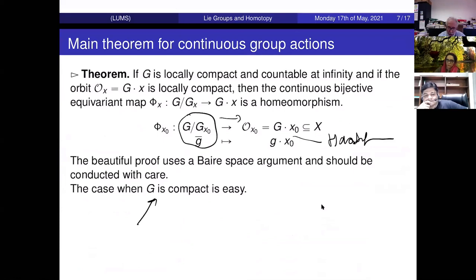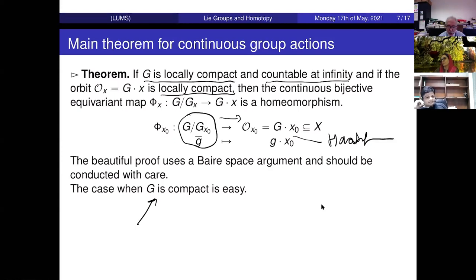It happens that it is the case in a very common situation for us, if the group satisfies the following conditions. If G is locally compact, countable at infinity, that means it is the union of a countable number of compacts, and if the orbit is also locally compact, you see we have three conditions.